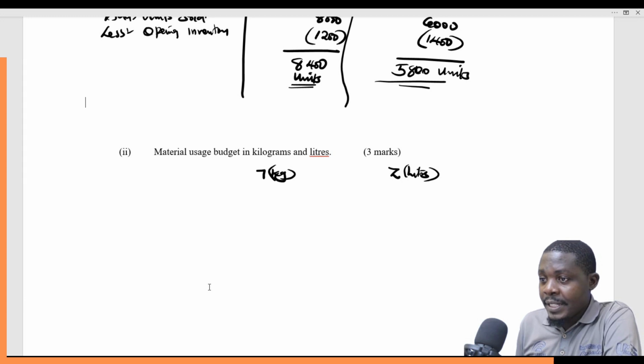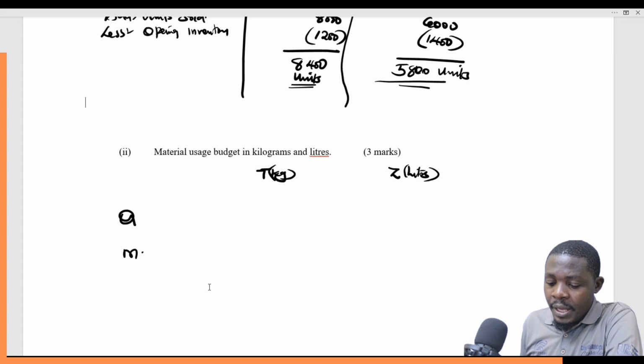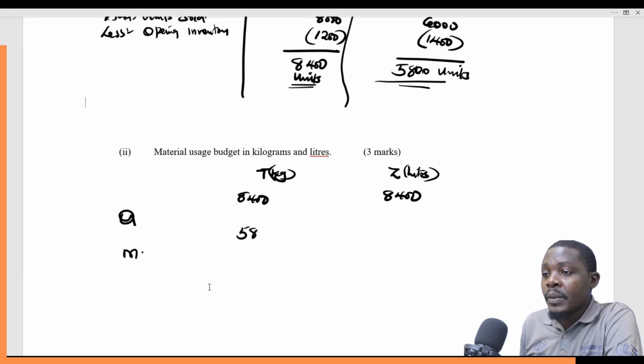Then we have Q and then M. For Q we had 8,400 units, so 8,400 here and also here 8,400, while for M we had 5,800 and 5,800. We multiply by the number of units that were utilized.